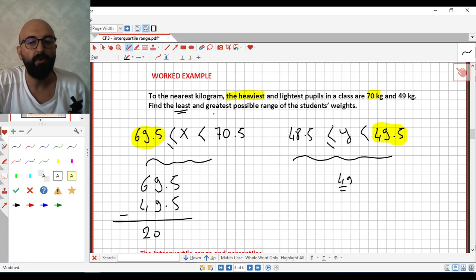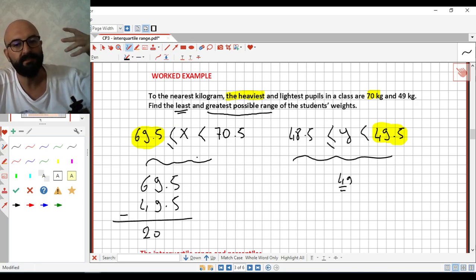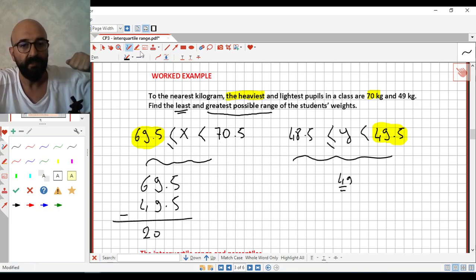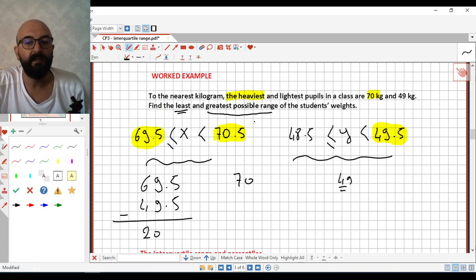If we want to find the greatest possible range, for the heaviest pupil we should accept 70.5, and for the lightest pupil weight we can accept 48.5.